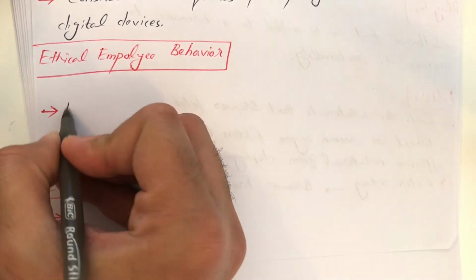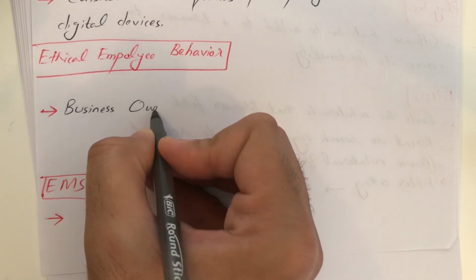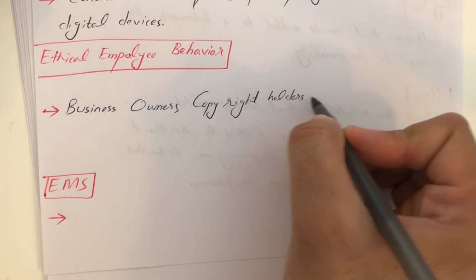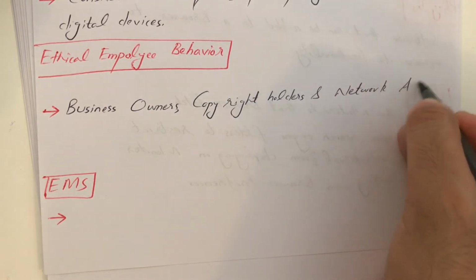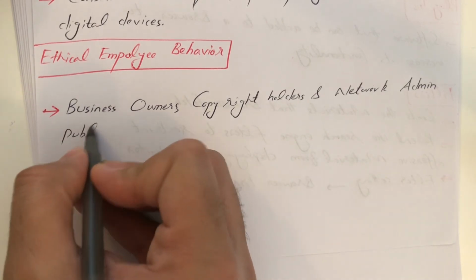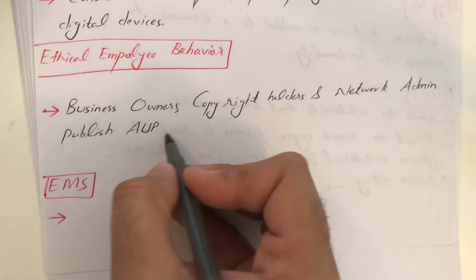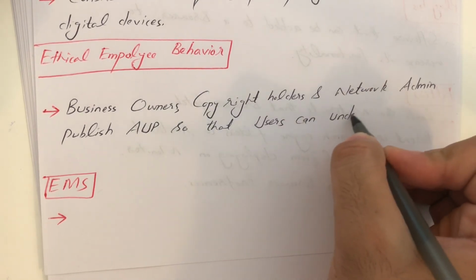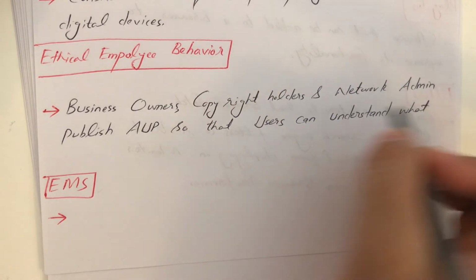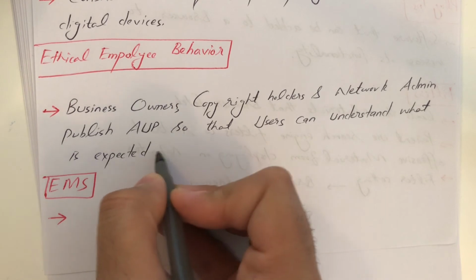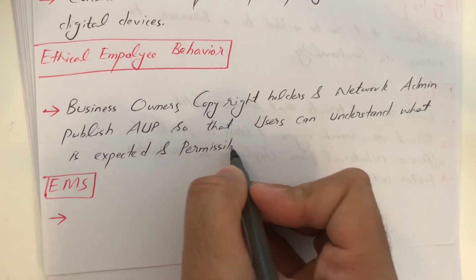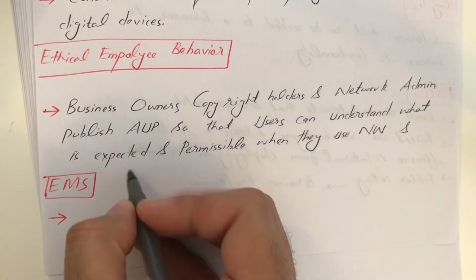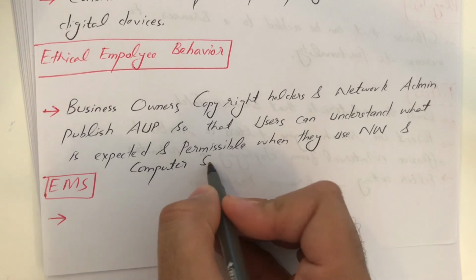Business owners, copyright holders, and network administrators publish acceptable use policies so that users can understand what is expected and permissible when they use network and computer equipment, software or equipment.